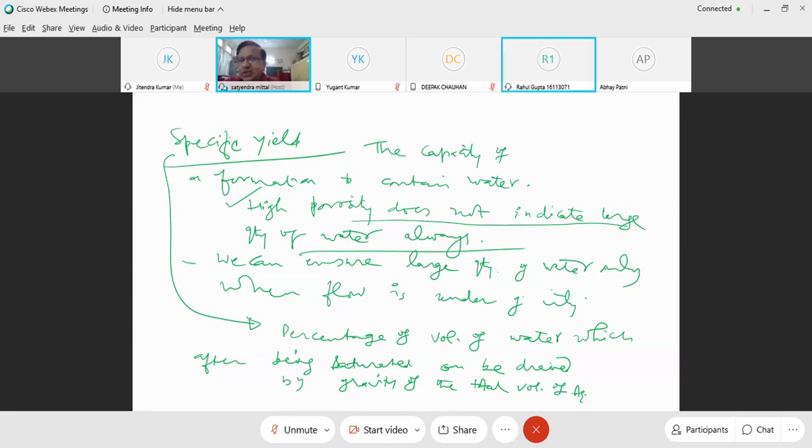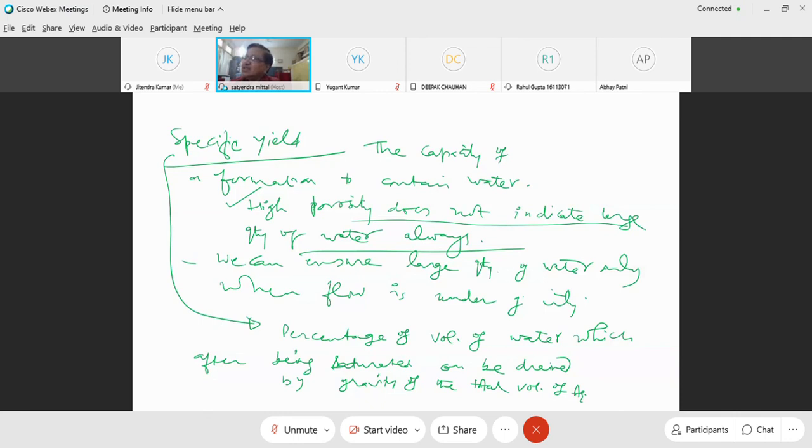Where did this come from? We were talking about the capacity of the specific yield, and we suddenly jumped to quantity. I was not able to link the porosity with the capacity. Well, as a thumb rule, we can say that if the soil is porous and permeable enough, then the water yield will be more.